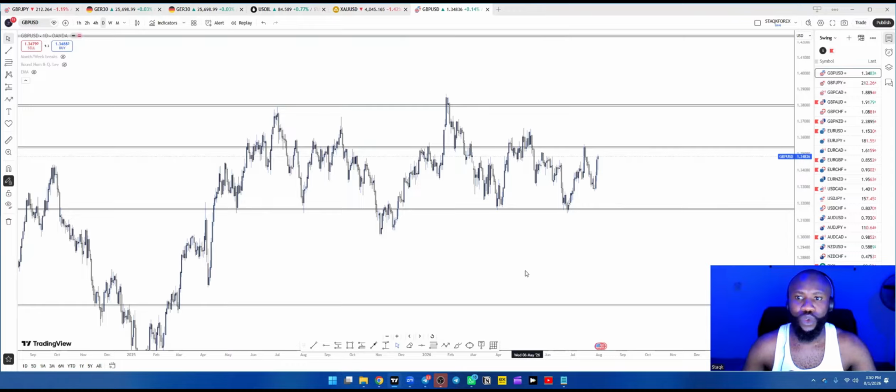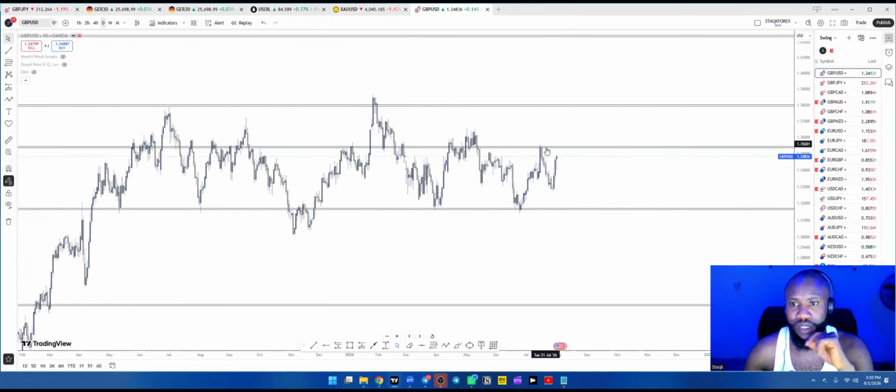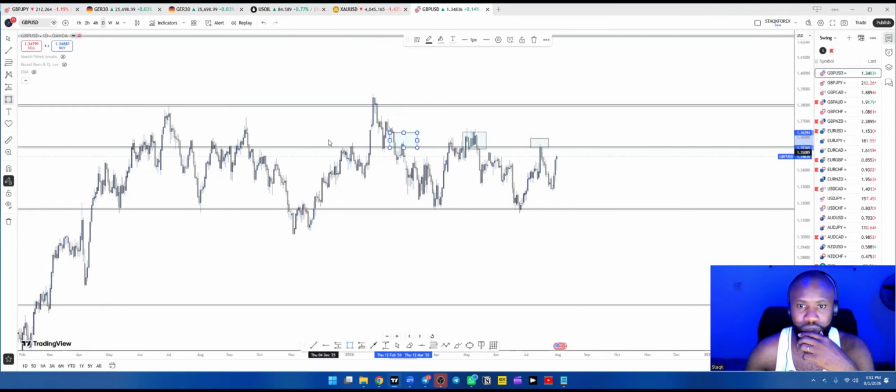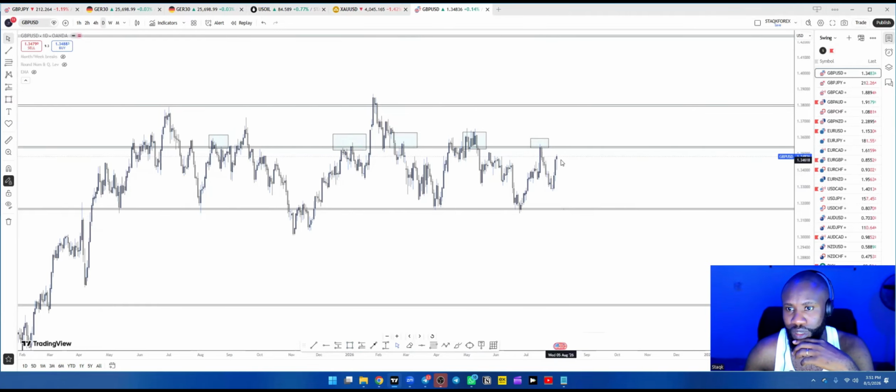Price has changed to continue bullish. First, we have a resistance at this level, and a resistance here, here, and here. All these areas are resistance, and price is coming into this resistance level.